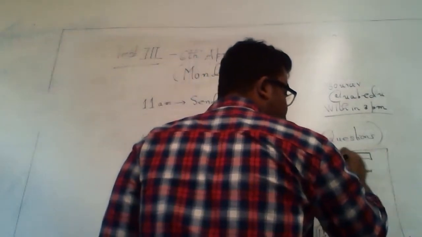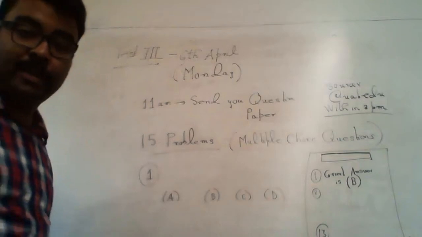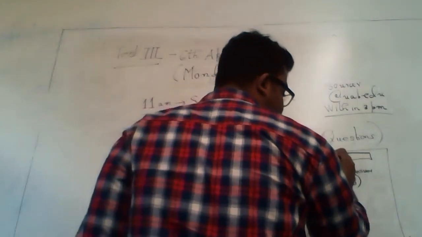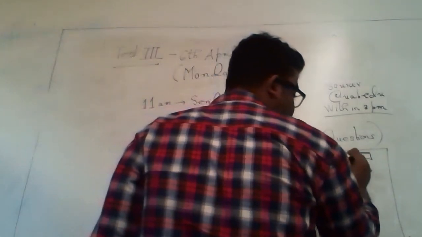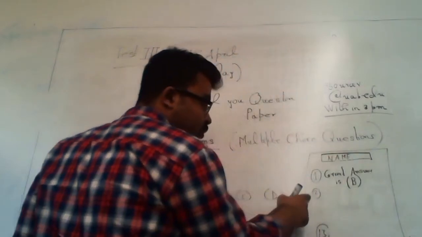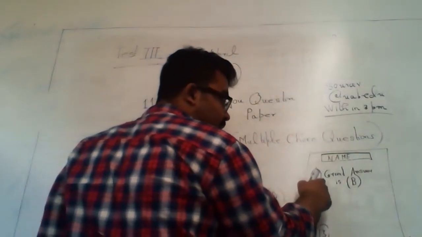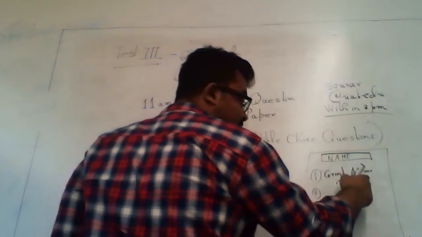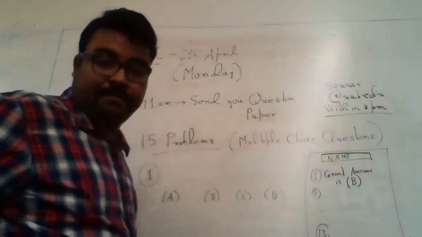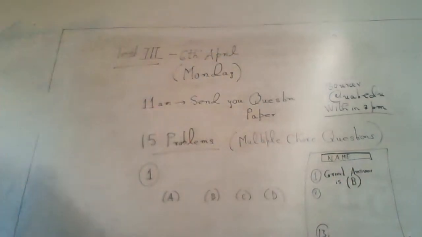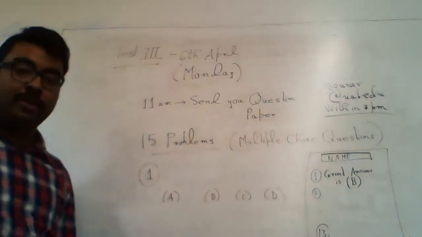This should be the format of your answer script. At the top will be your name, then for each problem number you will write the correct answer is and the correct choice. Okay, so this is the format of the test.